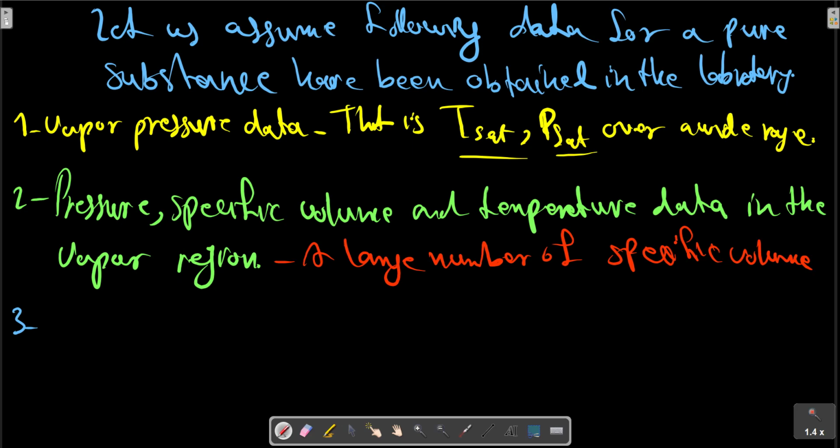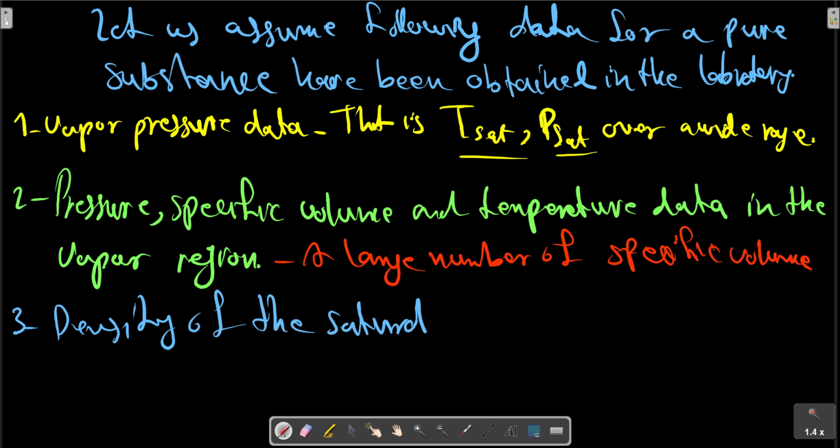Density of the saturated liquid. And the critical pressure and temperature.